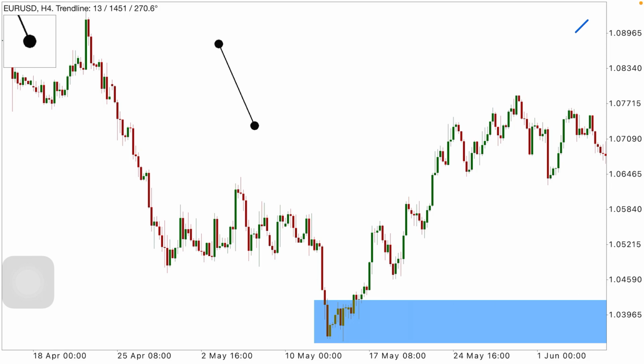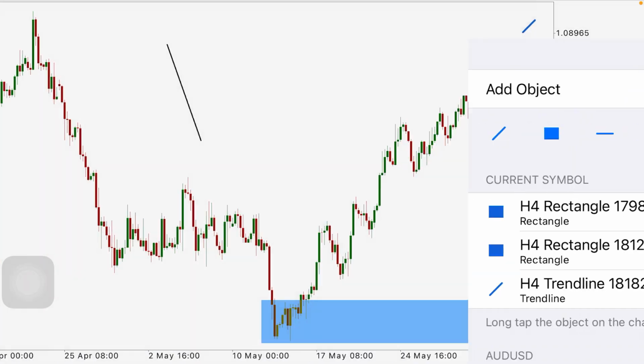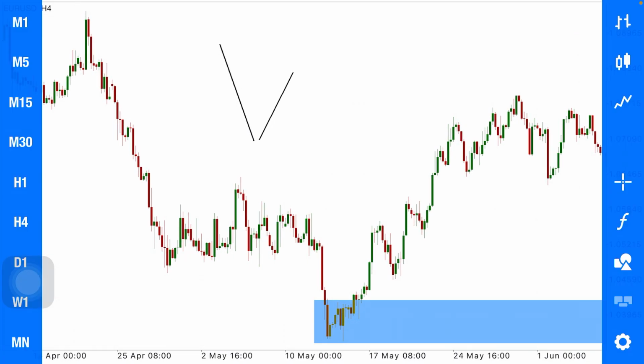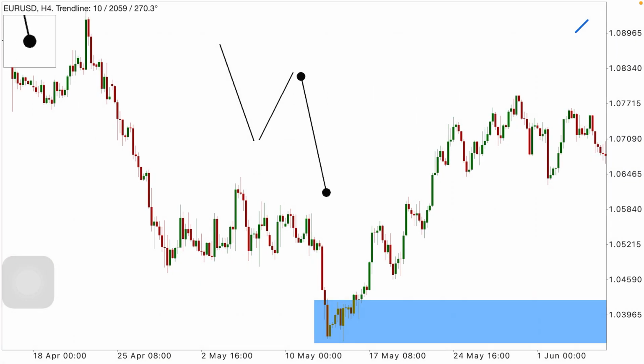The market does not actually move in a straight line.